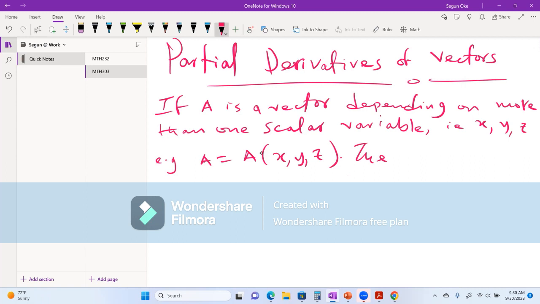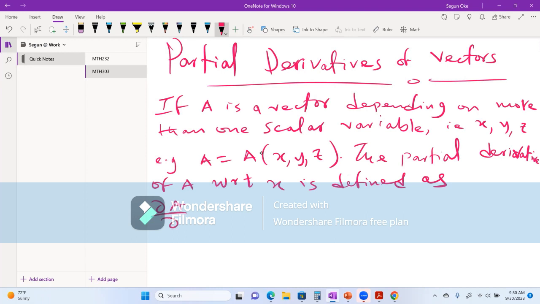then we can say the partial derivative of A with respect to x is defined as the ∂A over the ∂x equals the limit, if it exists, as change in x goes to 0, of A of x plus change in x, comma y, comma z, minus A of x, y, z, everything over what?